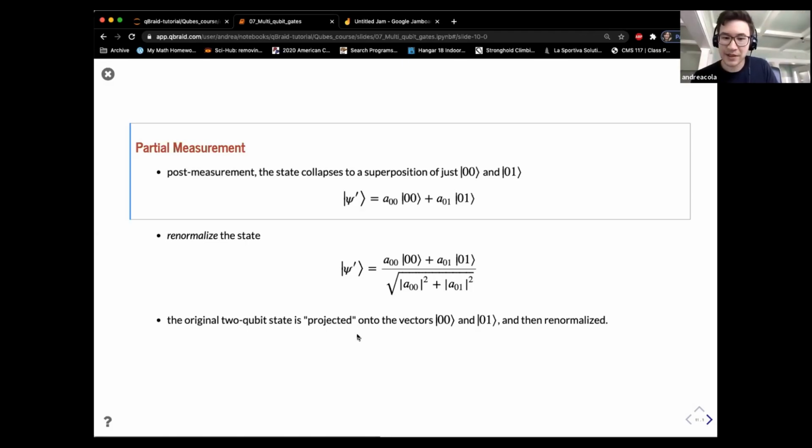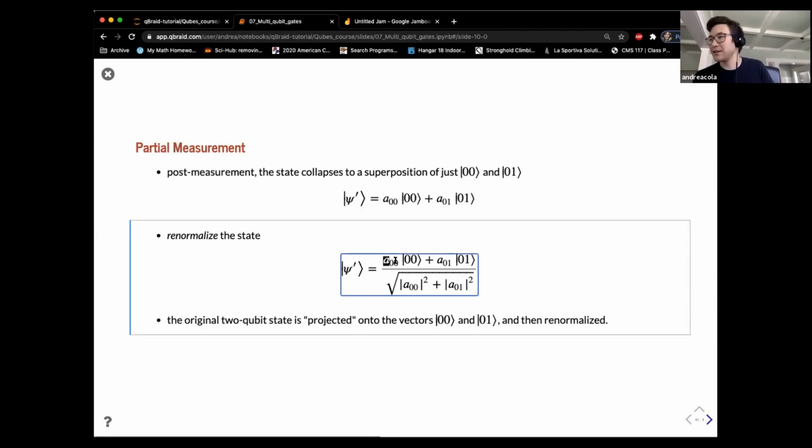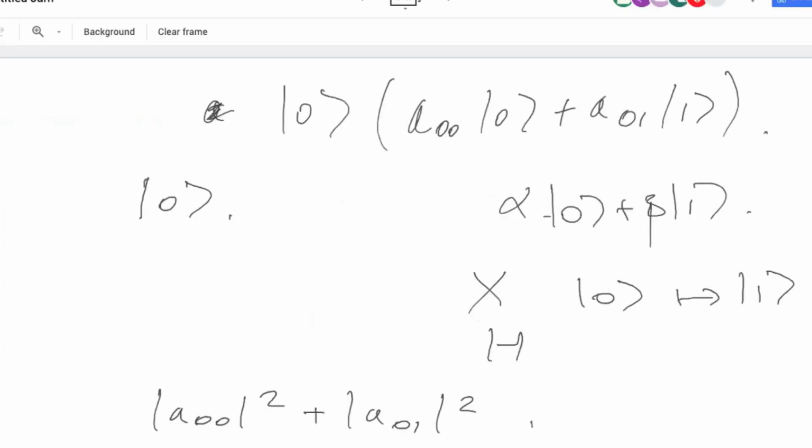So what's the probability of 0,0 post measurement? You would have to square this. It would be a0,0 squared. Let me write it here on a new page. After the measurement, the state has become a0,0 times ket 0,0 plus a0,1 times ket 0,1.